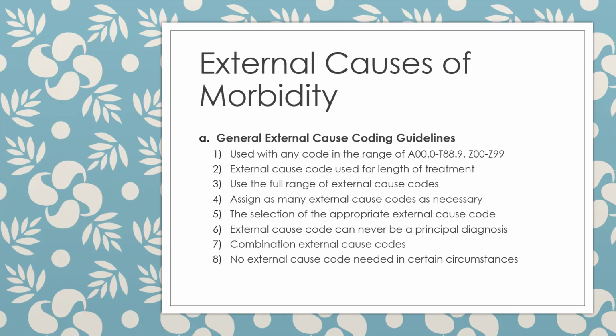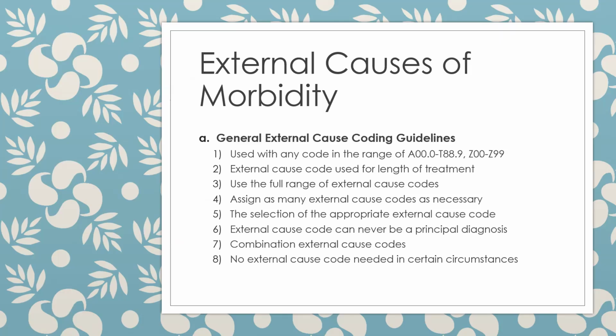Number 2, external cause codes used for length of treatment. Assign the external cause code with the appropriate 7th character, initial encounter, subsequent encounter, or sequela, for each encounter for which the injury or condition is being treated. Most categories in Chapter 20 have a 7th character requirement for each applicable code.